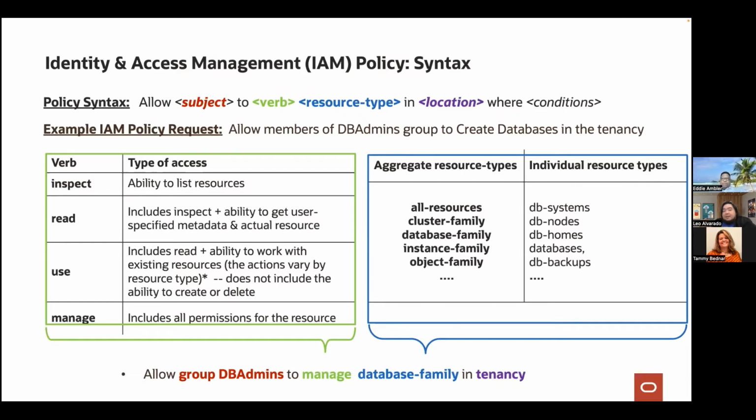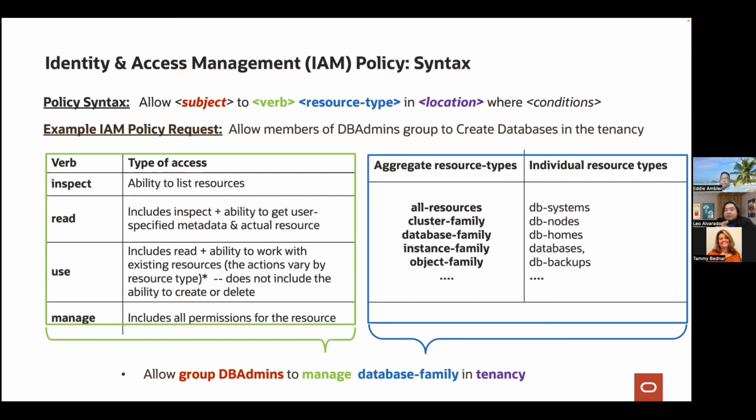An example is read, which can give you inspect, and one good example is the ability for you to list down all, for example, VM clusters, databases, application servers. But you also have the verb of use, which gives you the type of access of read plus the ability to work or interact with the cloud resource, excluding the create or delete. If you need the create or delete, there's also a verb for that, which is manage, which gives you all the permissions for the resource. So that is the verb.